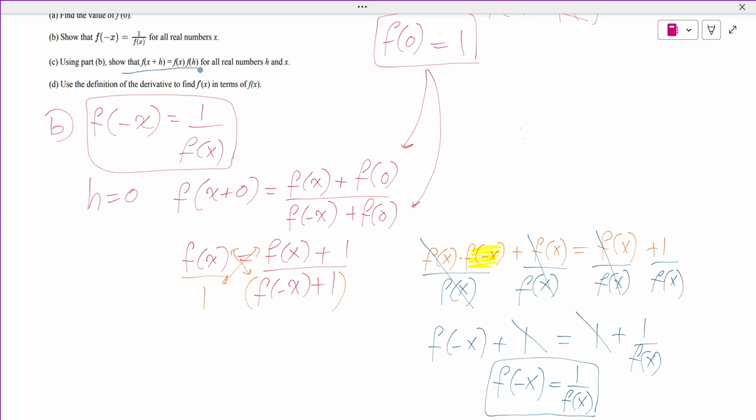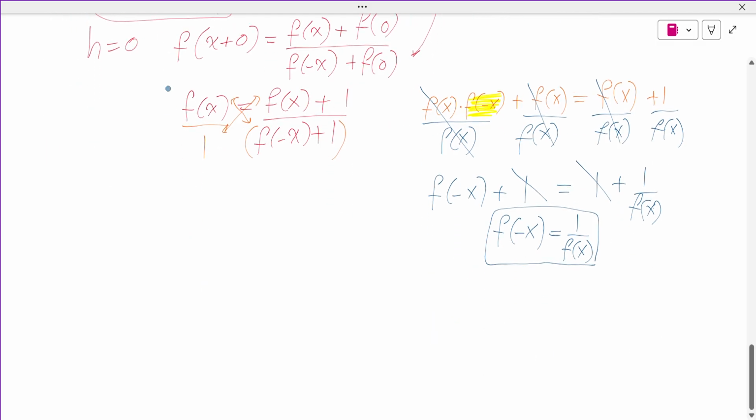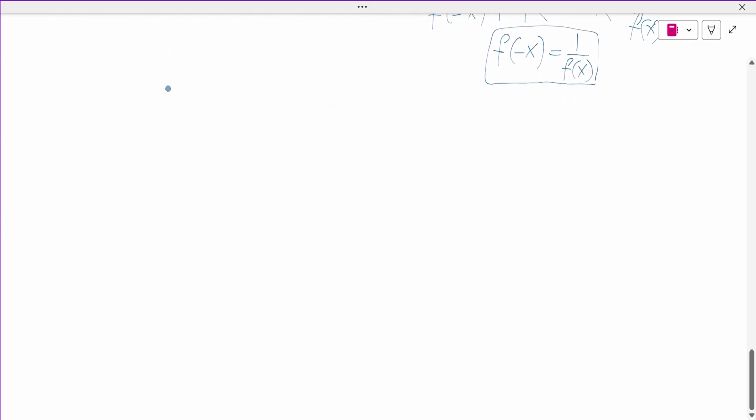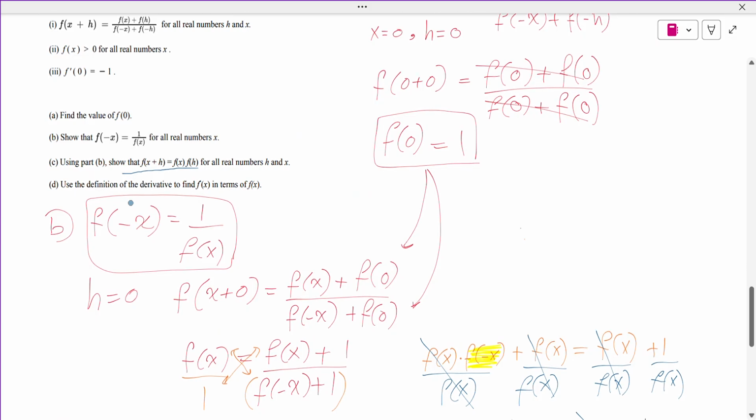So this is what we need to show in part C. We need to show that f of x plus h equals f of x times f of h. Let me just have a second look. Yes, f of x times f of h.